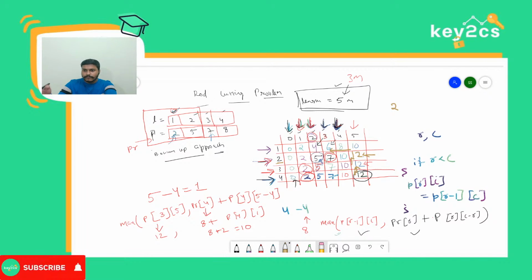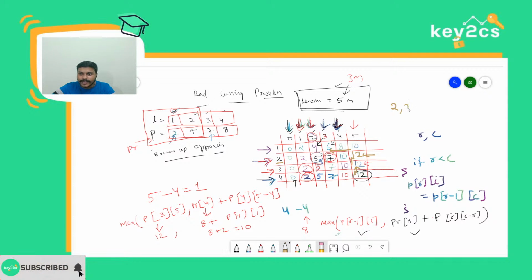So from 5 meter you have taken a 2 meter rod, so you would decrease the position by 2, so you will come to this column 3. Now you again check whether you have copied this value 7 from the previous value. No, the previous value is 6. That means you have taken a rod of length 2.